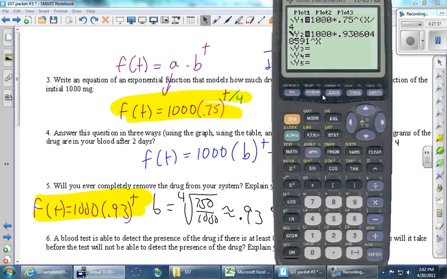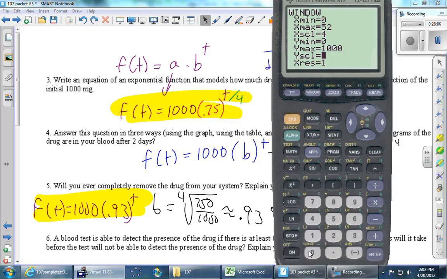In theory, these are going to be the same graph if they really represent the same formula. One thing I do want to do is plug in a good window. Looking at your table from the previous page, what's the first t value? 0. What's the last t value? 52. Great. How about we go up by 4s? What's the bottom of the graph? What y value? 0. What was the top? 1,000.